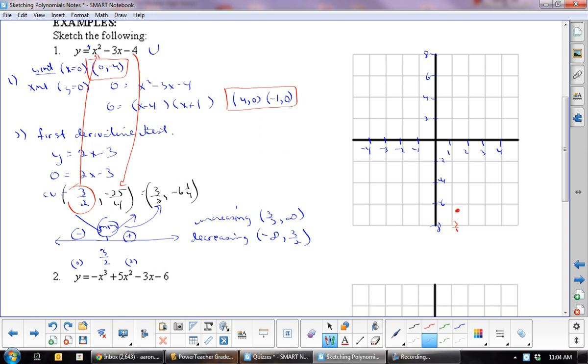So this is 3 over 2, comma, negative 25 over 4. I am going through 0, negative 4. That's the y-int, right?